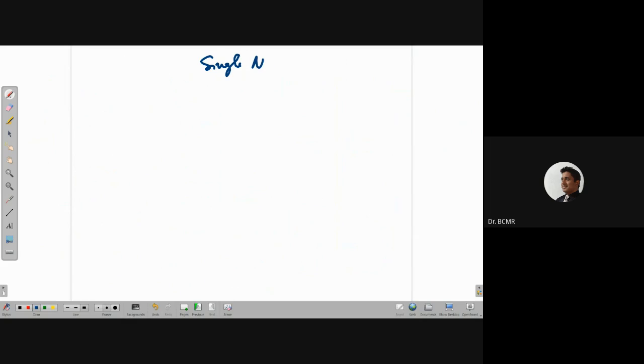Single nucleotide polymorphisms, or SNPs. What does it mean?